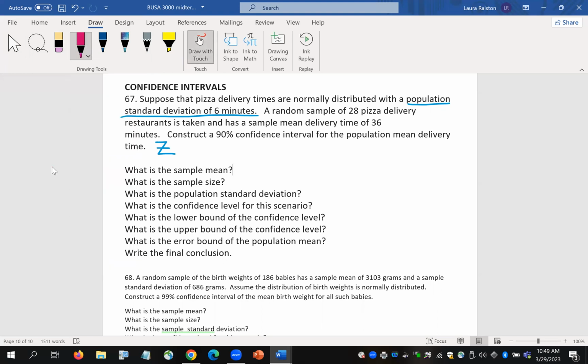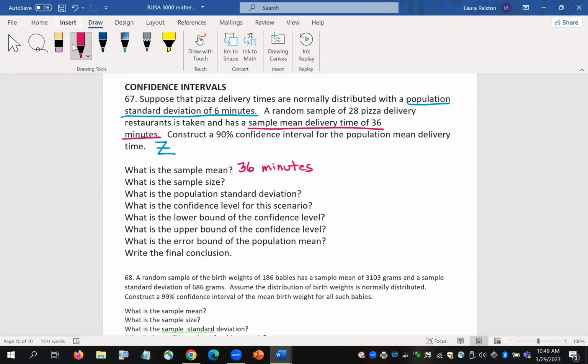Well, if you read carefully in the problem, it says a sample mean delivery time of 36 minutes. So my sample mean is 36 minutes.